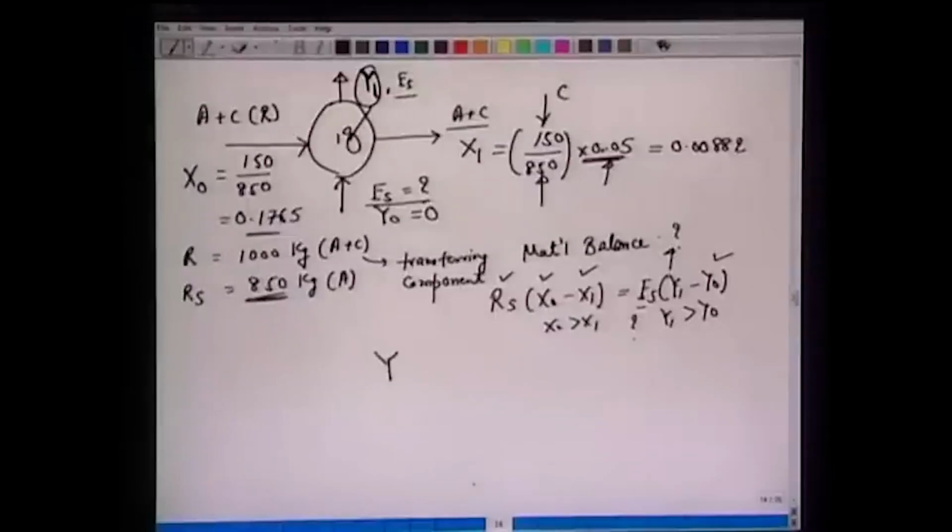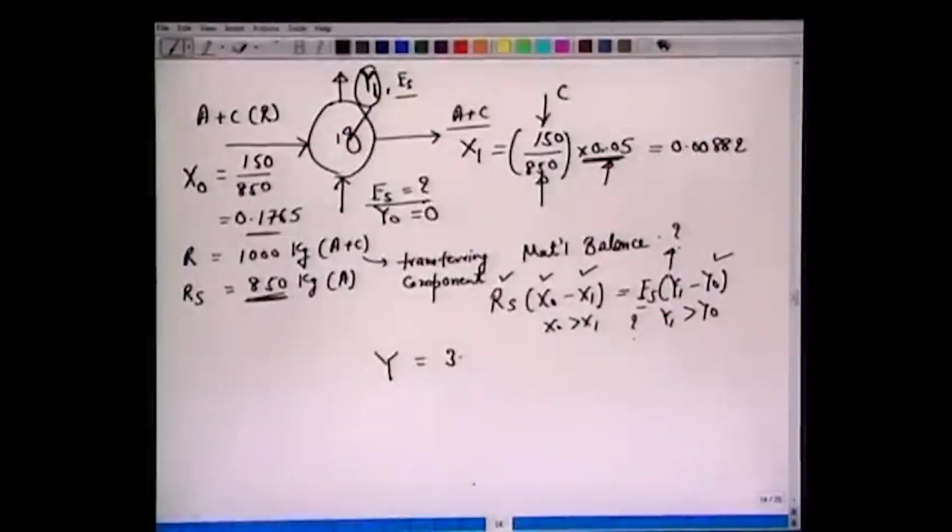Which means y and x at the exit would be related by the equilibrium relation which we wrote earlier, y equal to 3.75 x. So, we have one more equation here, y equals 3.75 x, and it is applicable for the exit y1 and x1.